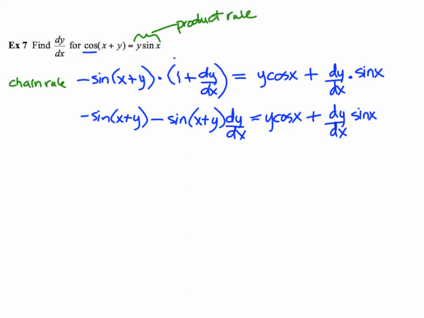Sometimes I refer to it as rainbowing the negative sine (x plus y) into the brackets. It's also called distributing. So that's what I did on the left-hand side. And my right-hand side of my equation did not change.